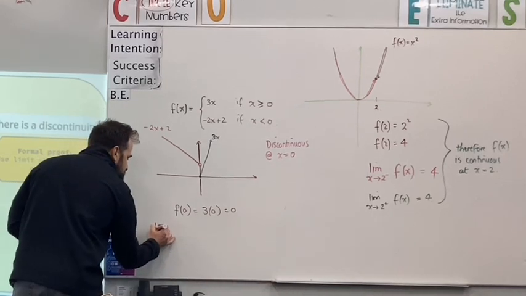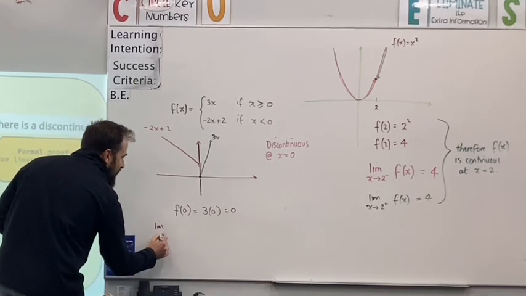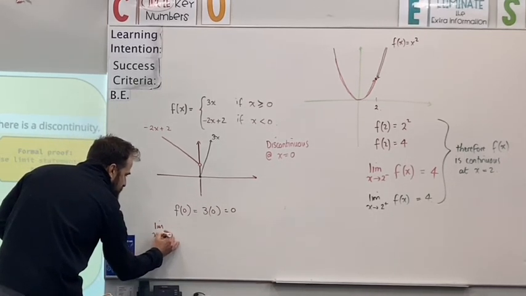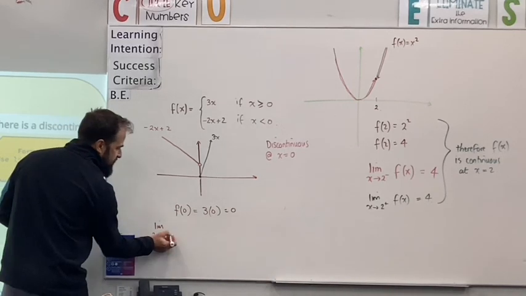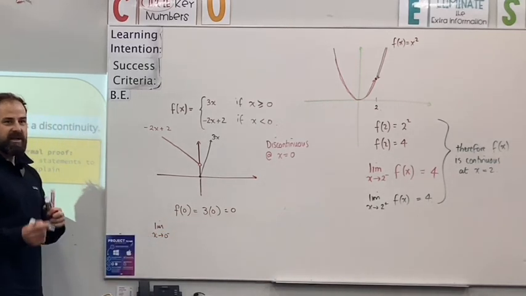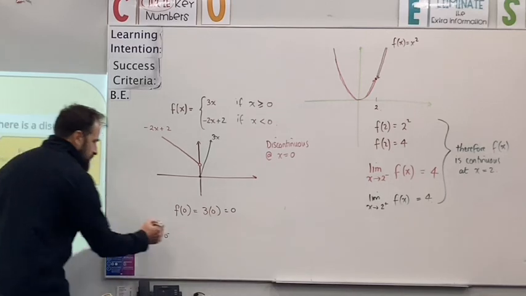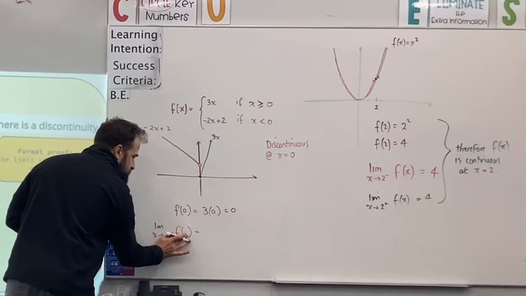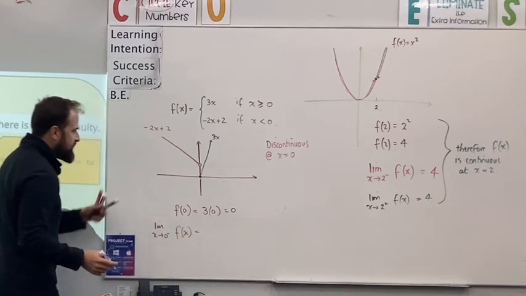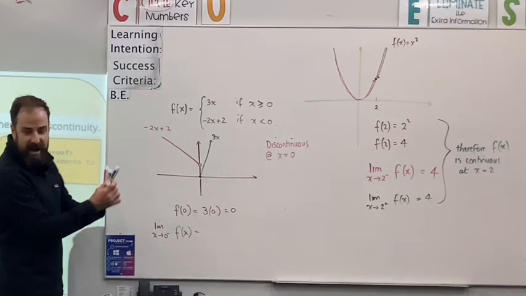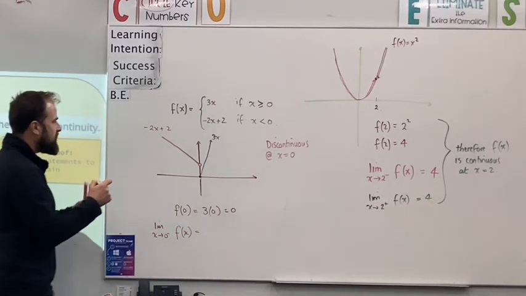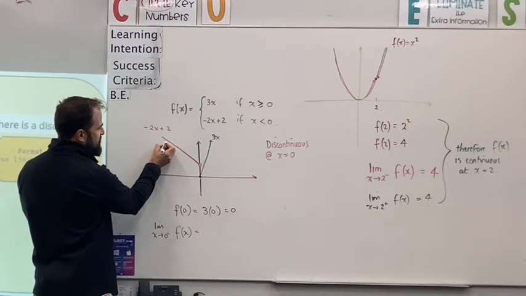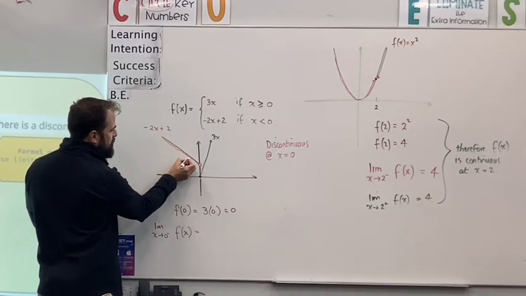Okay, now let's find the limit as x approaches 0 from the negative side, from the left-hand side. As I trace this graph from the left-hand side, what is the graph approaching at 0?